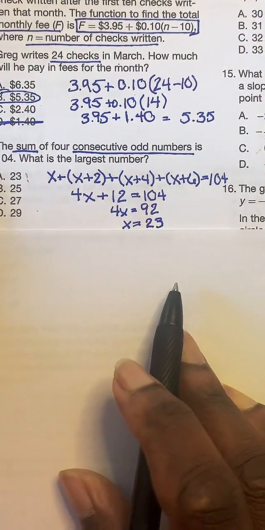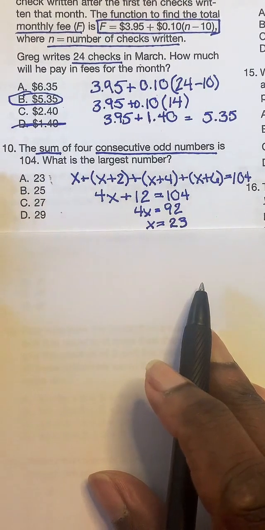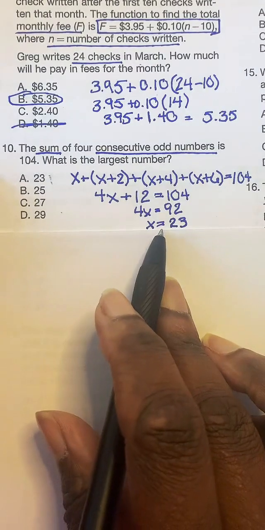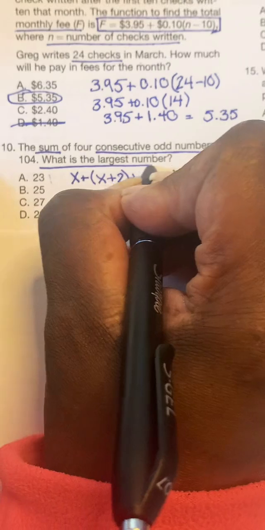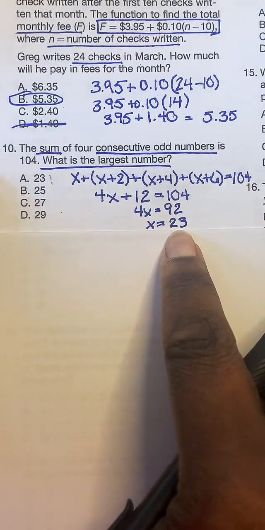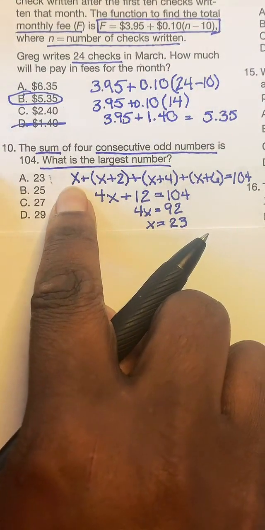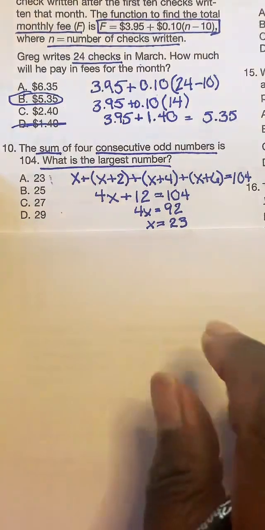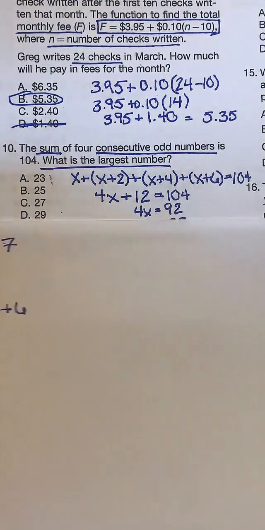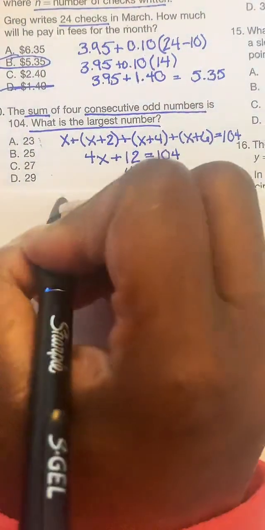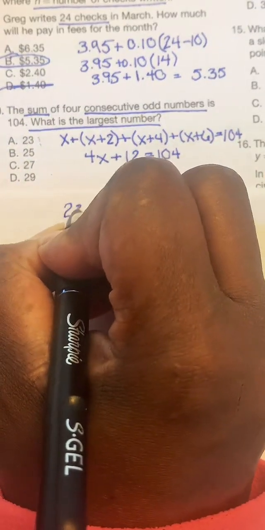Now, a lot of people are like, yay, the answer is A, I'm done. No. Always when you finish getting an answer, take a look at the question. The question states, what is the largest number? The 23 is representing my first number. So if I want consecutive odd numbers, let me go back to this. So that means I'm going to start at 23.